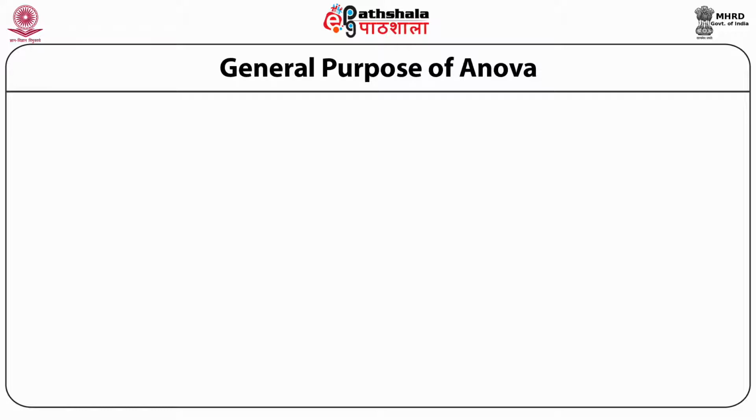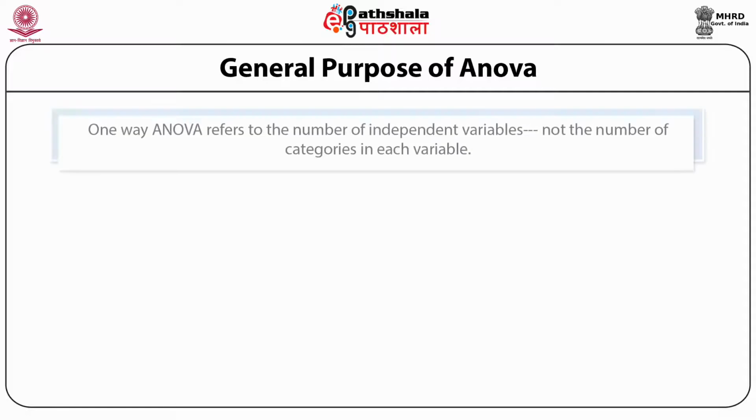Since this chapter is about the summary of analysis of variance, we will be summarizing various ANOVA techniques which have been described in the previous modules. In one-way ANOVA, the term refers to the number of independent variables, not the number of categories in each variable.